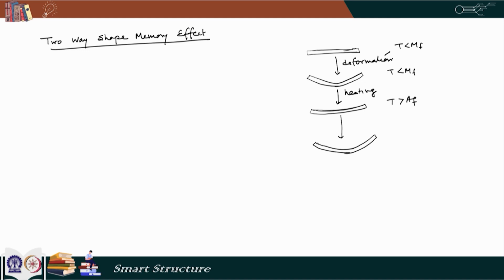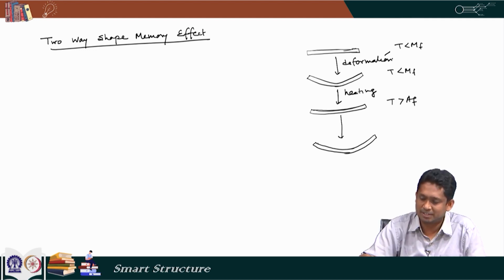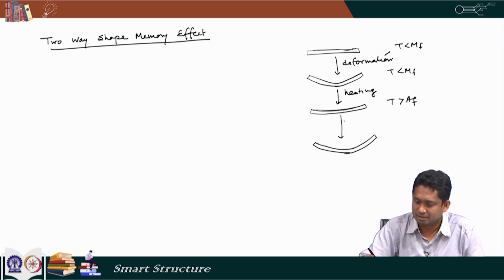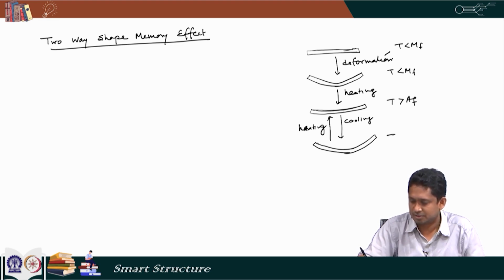Previously, when we were talking about the one-way shape memory effect, cooling did not bring this shape back, it remained in the undeformed shape. But in a two-way shape memory effect, by cooling and heating the material can switch between these two shapes, and so this is T less than MF.